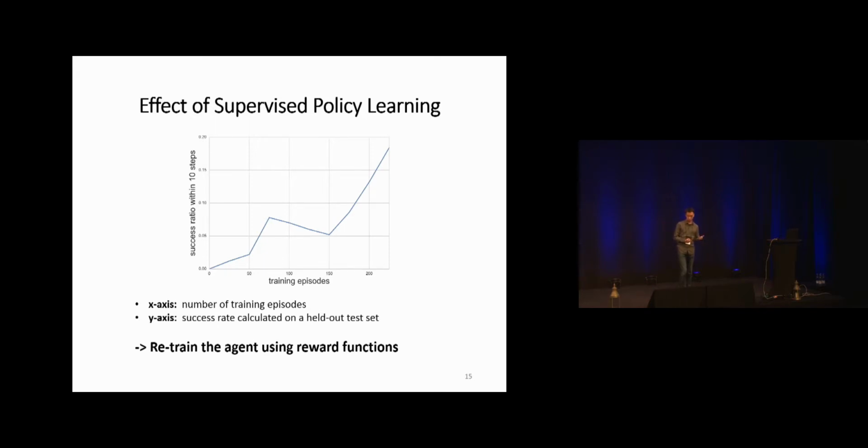This also means that our stage of imitation can generalize. And after this stage, we can retrain or fine-tune the agent using the defined reward functions.